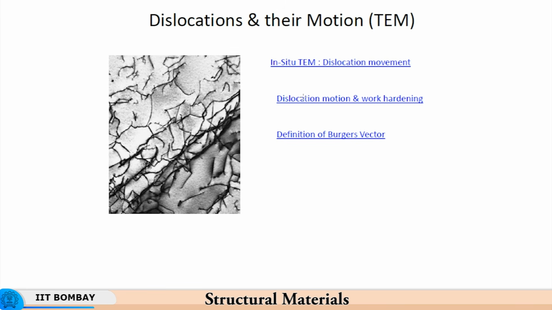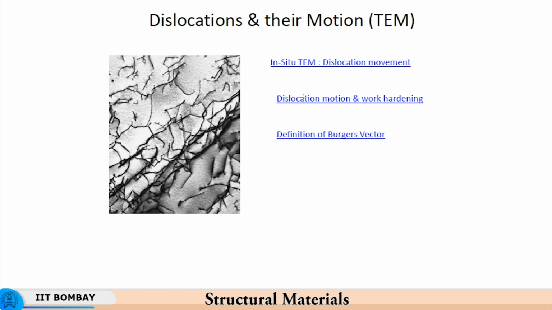Normally what will happen is you take a piece of material, you deform it to a certain strain, and you have the initial dislocation density captured by the transmission electron microscope. After some deformation, again you take it to the transmission electron microscope, you have another picture of dislocation density, and when you compare them with each other, you conclude that yes, dislocation density has gone up.